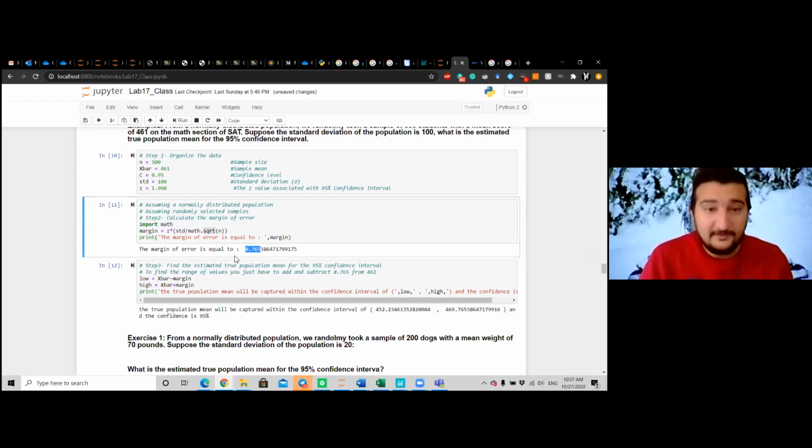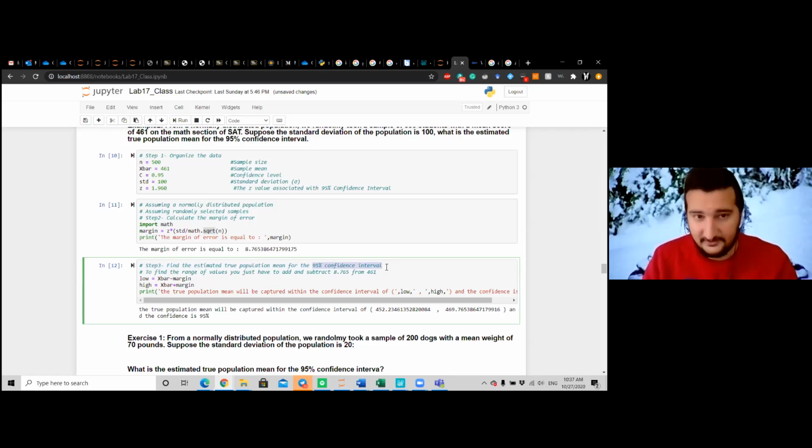So now that I have my margin of error, we are going to find the estimated true population mean for the 95% confidence interval. To find that, you simply add and subtract the margin of error from your central value, in this case 461, which is your sample mean.